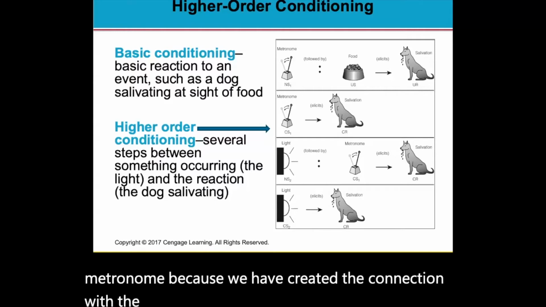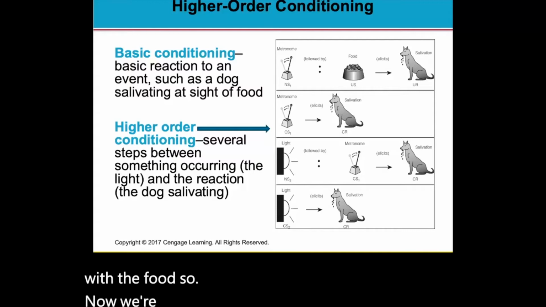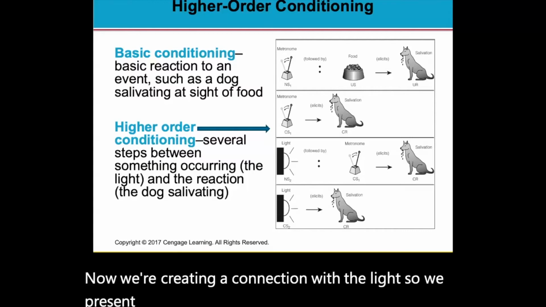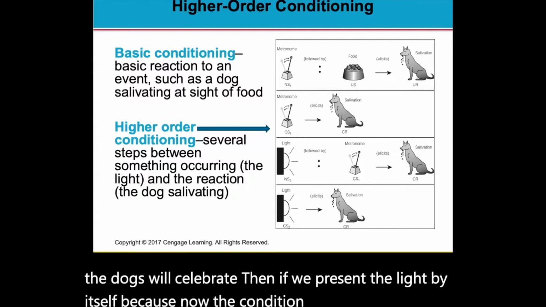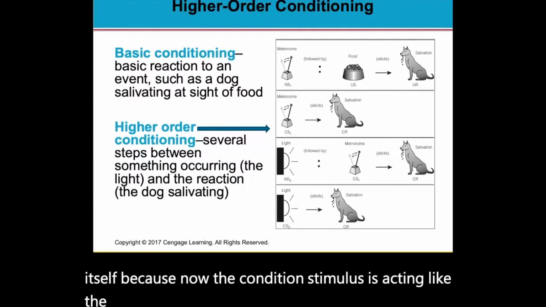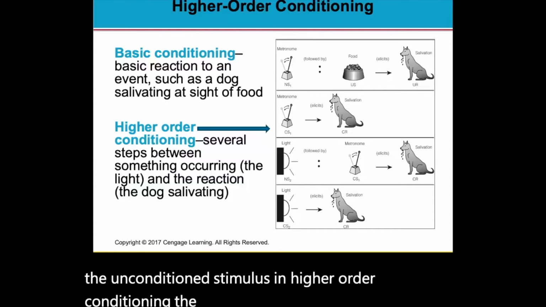So now we're creating the connection with the light. So we present the light and the metronome simultaneously, and the dogs will salivate. Then if we present the light by itself, because now the conditioned stimulus is acting like the unconditioned stimulus in higher order conditioning, the light alone will make the dog salivate.